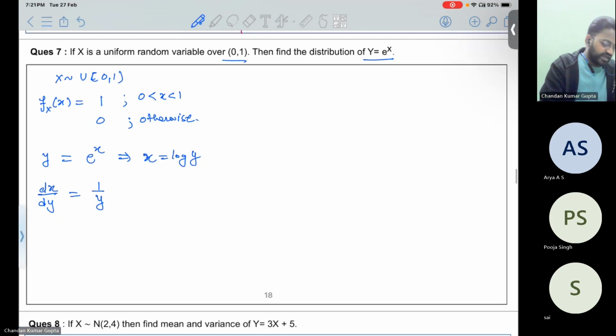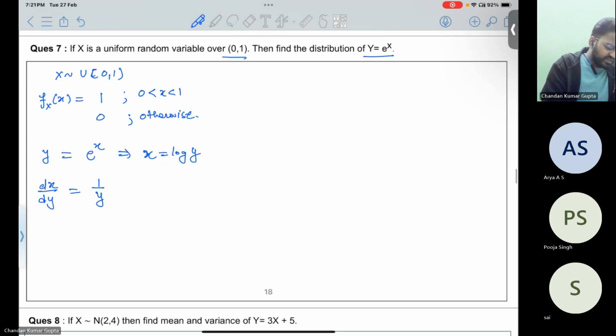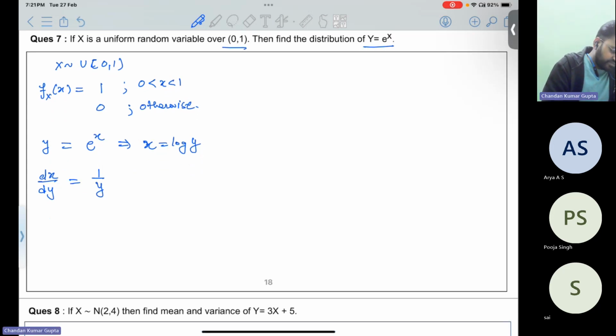Okay. And we may use this formula directly because here y equal to e to the power x is a continuously differentiable and non-decreasing function in 0, 1.